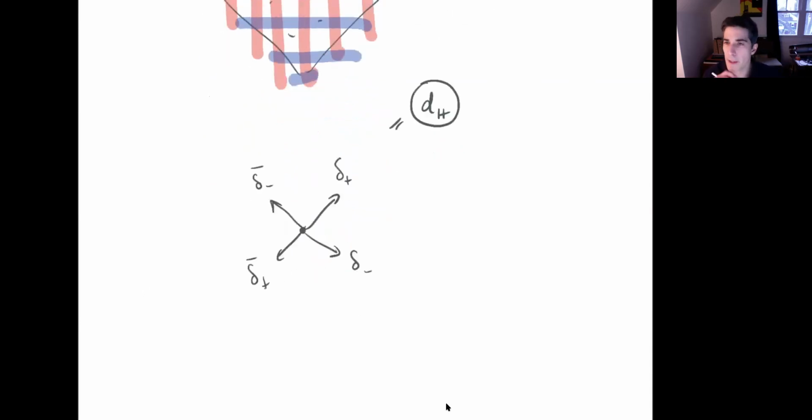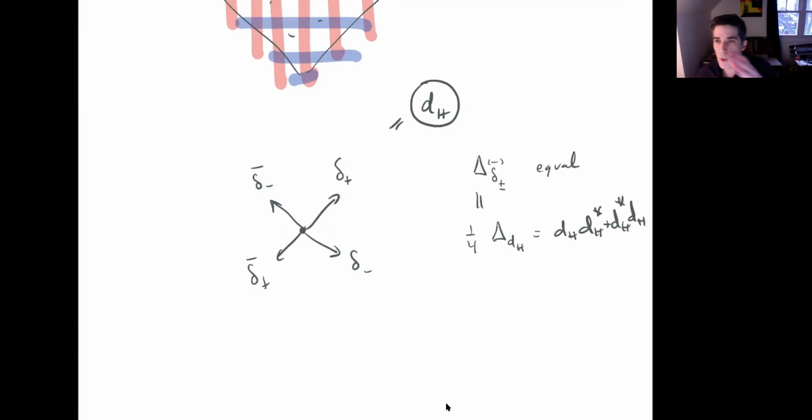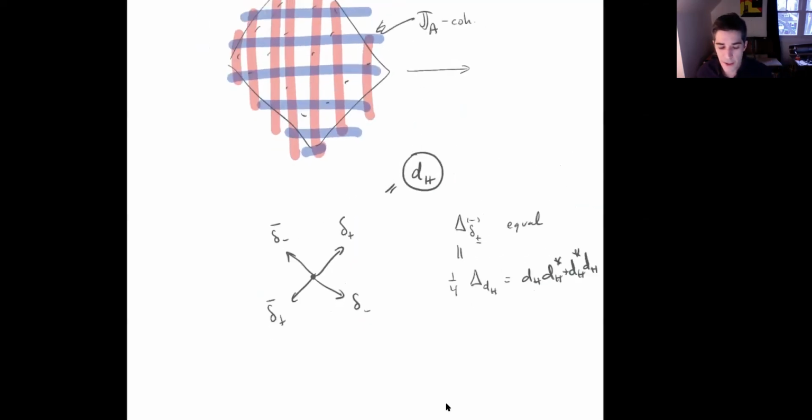These are like Dolbeault type operators. And there's 4 of them, and you can look at the Laplacians for each of these. Plus, minus, these are all equal, and they're equal to 1/4 of the Laplacian for DH, which is basically DH star DH plus DH DH star. And so you end up using the same type of argument as for Kähler.